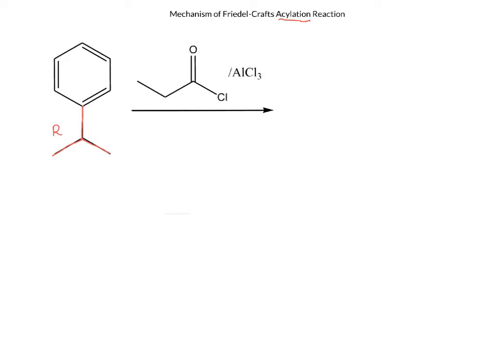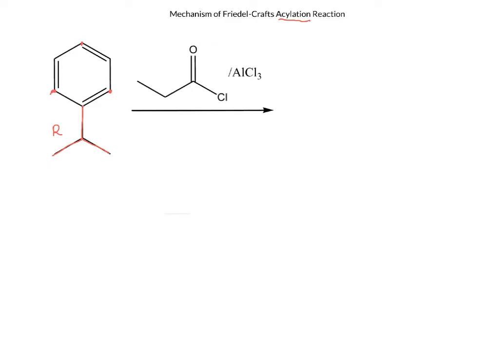If you look at the directing effects and reactivity table of various aromatic substituents, you'll see that alkyl groups direct subsequent group to ortho and para positions. Typically, when you have a small alkyl group, the major product will be ortho product, simply because there are 2 ortho positions. So statistically speaking, there is more chances for the electrophile to come near one of those ortho positions than only one para position.